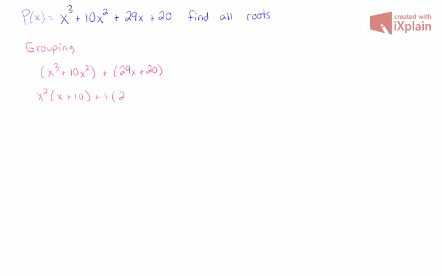I can take out a 1, but then that leaves me with 2 leftover parenthesis parts that don't match. So this is another case where grouping just doesn't work. And we know the quadratic formula won't work because we have 4 terms. So we have to try synthetic division again.